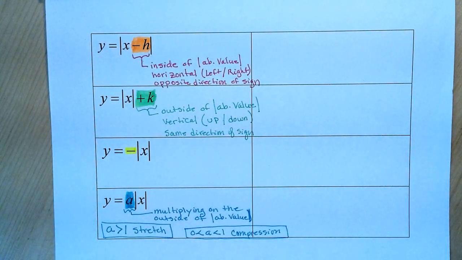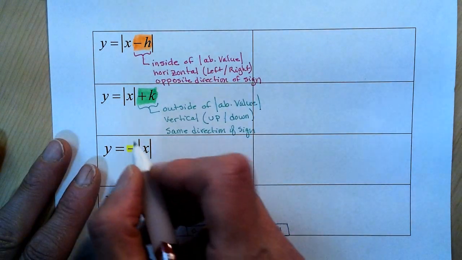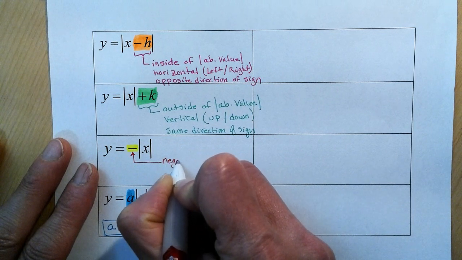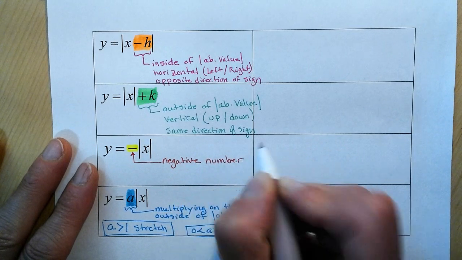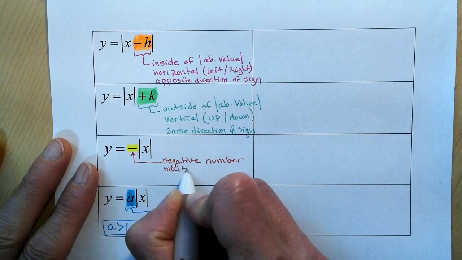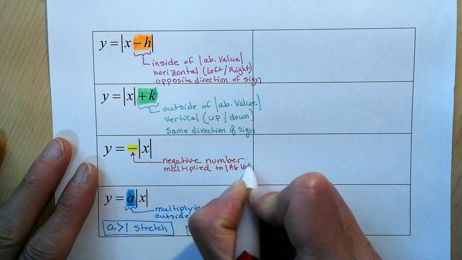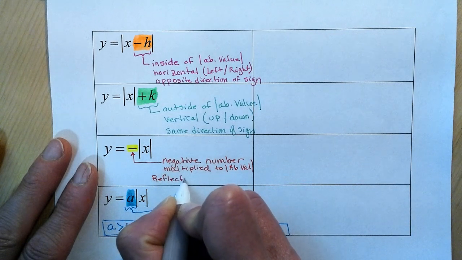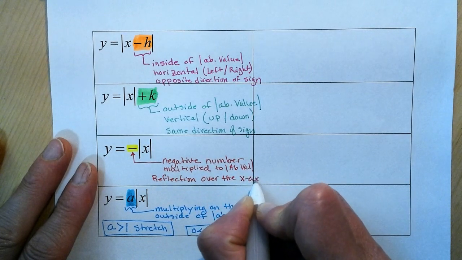So when I have a negative number, don't care what kind of number it is, this negative here, if this number being multiplied is negative, is being multiplied to the absolute value, it does a reflection over the x-axis.